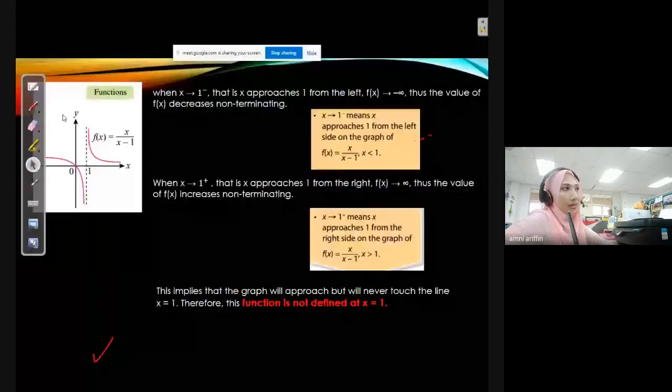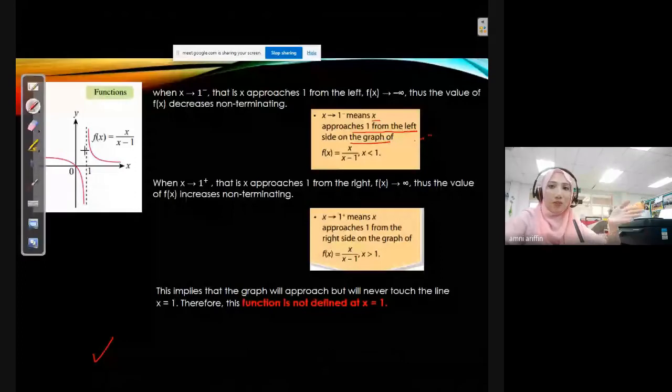Okay, maksudnya dekat situ. Kalau kamu perhatikan graf dekat sini, dia kata apabila x menghampiri negatif 1, x approach 1 from the left. Dekat sini x approach 1 from the left side on the graph. Maksudnya x tu kurang daripada 1. Bila x kurang daripada 1, dia akan bergerak ke sini.